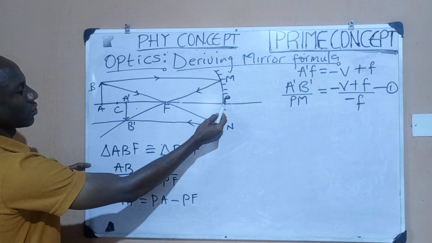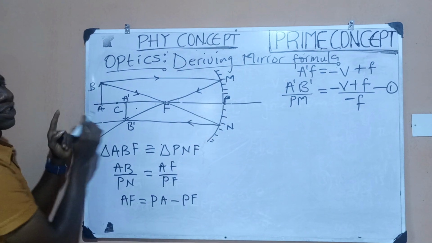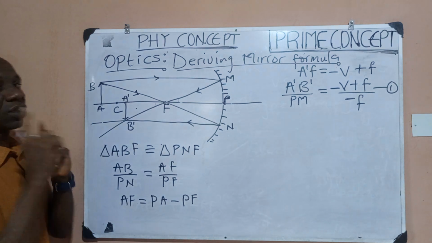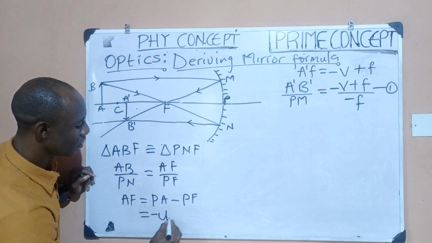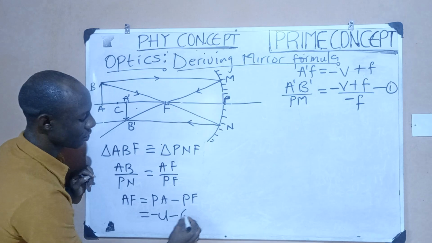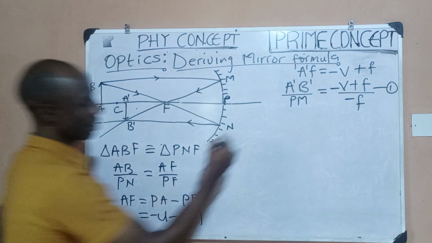And what is the distance from P to A? Remember, this is your object. So the distance PA is your object distance U. Because it lies on the left-hand side, I'm going to call it negative. So I have negative U minus the distance PF, the focal length, which is still negative, right? Yes.